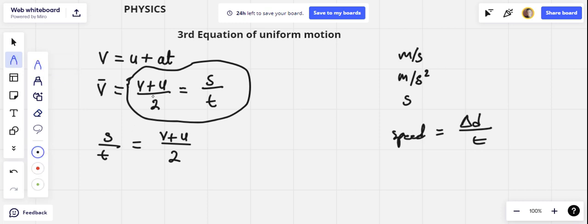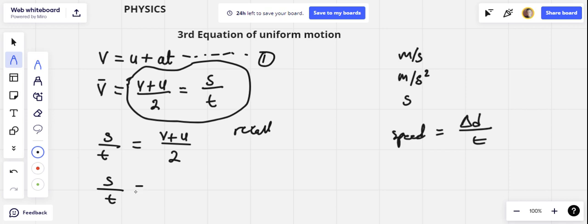So when you do this, you recall our first equation, that final velocity v equals u plus at, and you substitute it where you have v here. When you say v equals this, that means wherever you see v, you can put what it represents.